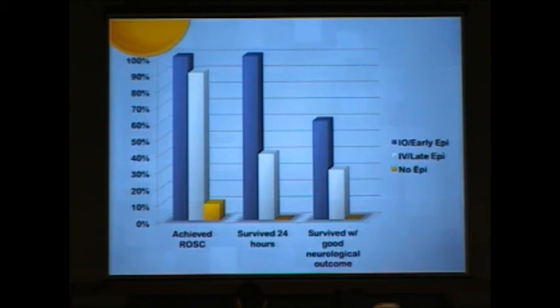Of the ones that survived with good neurologic outcome, the ones that had IO and early epinephrine did much better, 60% better than the IV group. So this, in my mind, is a good illustration of how epinephrine given early in cardiac arrest may actually be beneficial. It may require more study. A study recently came out that talked about epinephrine not being that helpful in cardiac arrest, but given early in the cardiac arrest, I think it's possible it may still have a role.